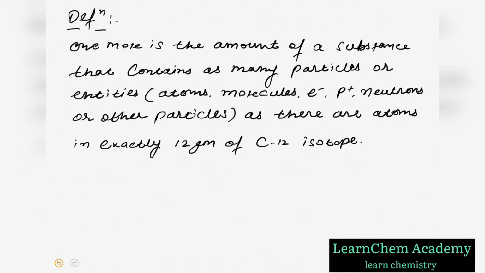This is the definition of 1 mole. It means 1 mole of a substance contains as many particles as are present in 12 gram of C12 isotope.